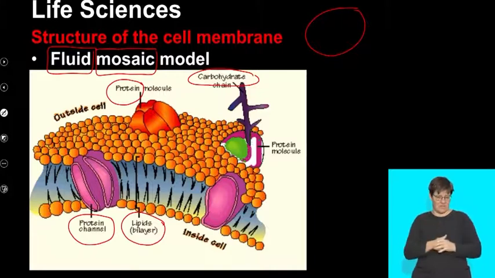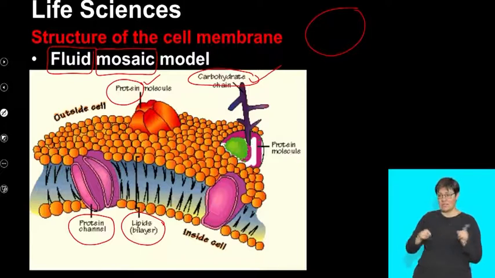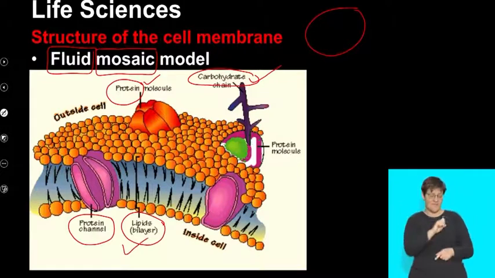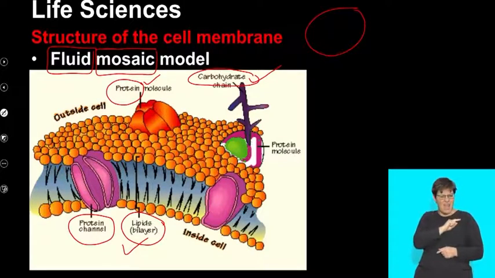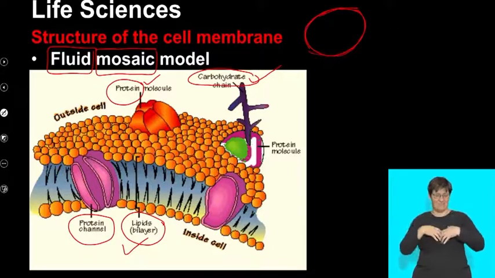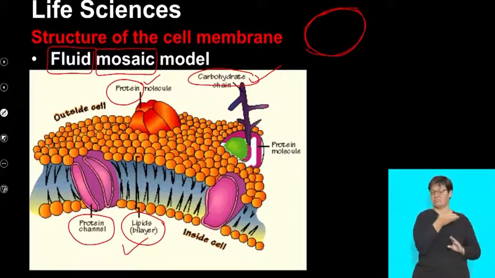All of these things, when I eat a protein, a carbohydrate, and fat, why is it necessary to have these in my diet? Because they make up the basic structure of my cell membrane. Guys, my cell membrane is made up of these proteins, these carbohydrates, and these fats.